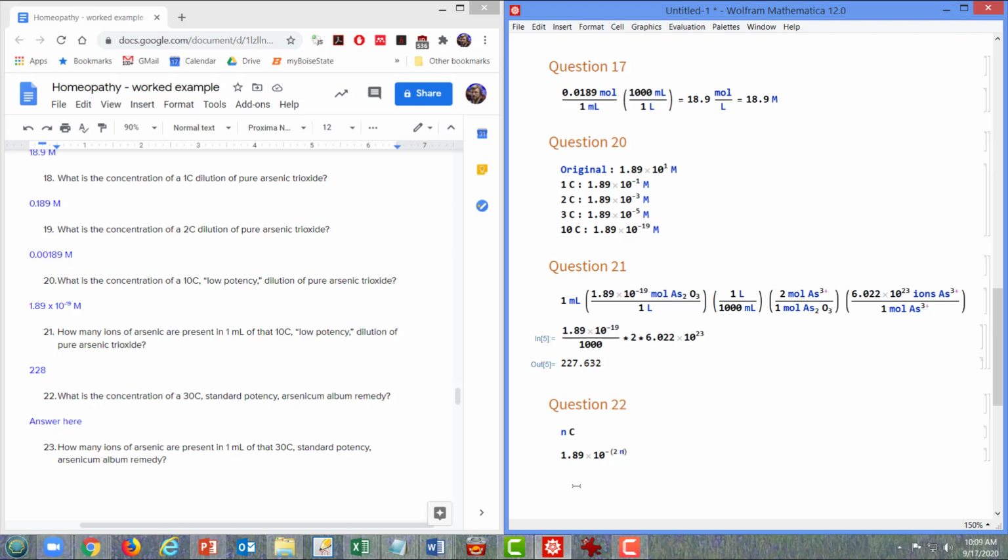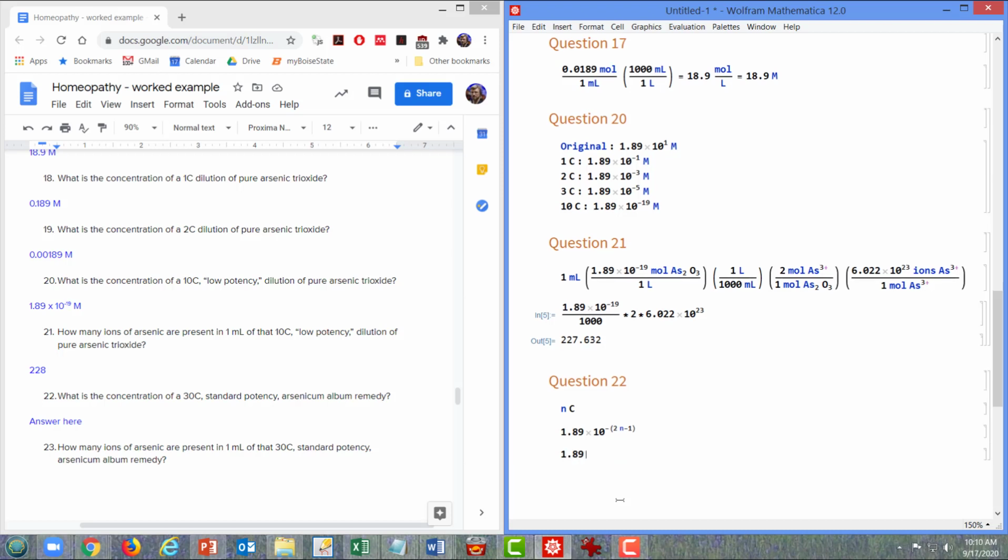So we're off by 1, so we need to subtract 1. Check that and you'll see that 10C would be 2N or 20 minus 1, 19 with a negative, so negative 19. So this formula works.